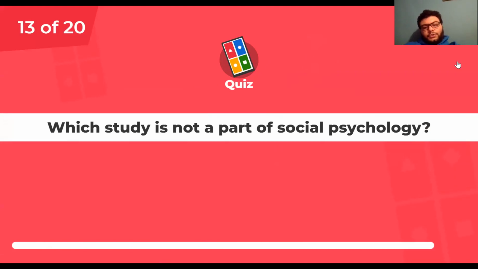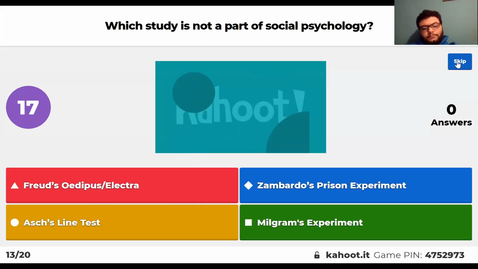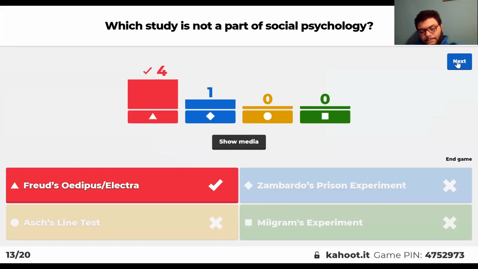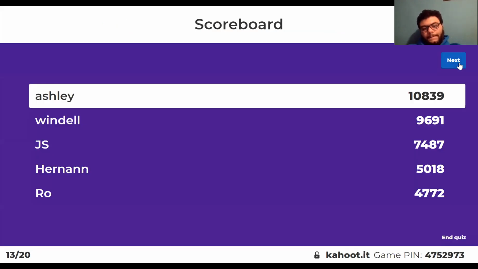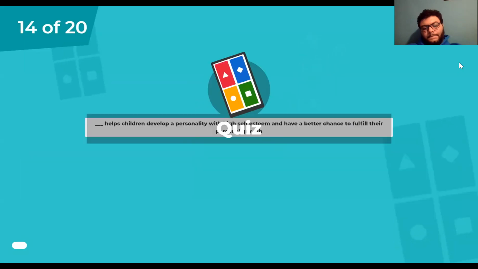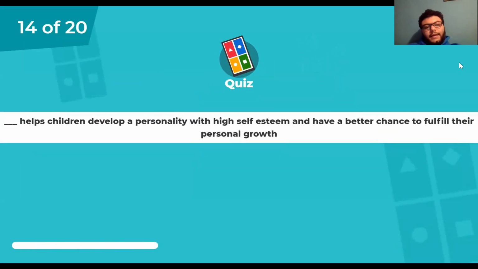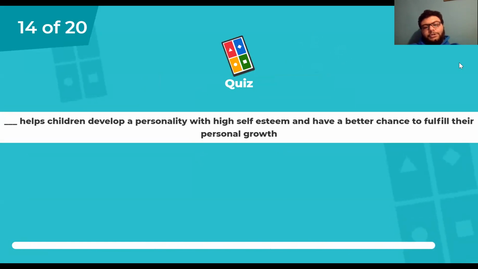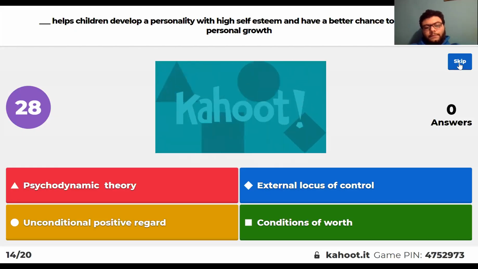Which study is not part of social psychology? Awesome. Blank helps children develop a personality with high self-esteem and have a better chance to fulfill their personal growth.